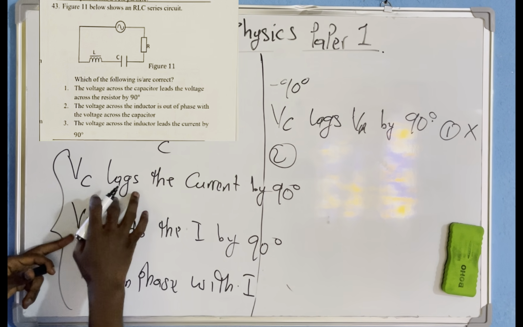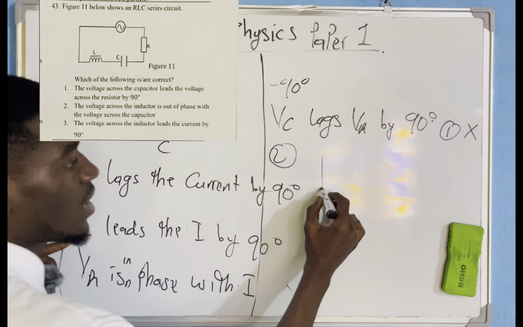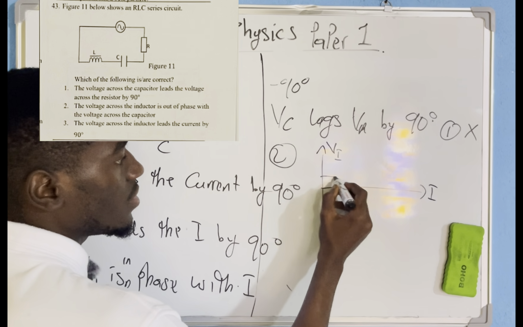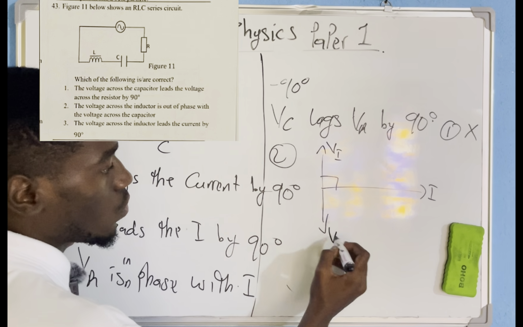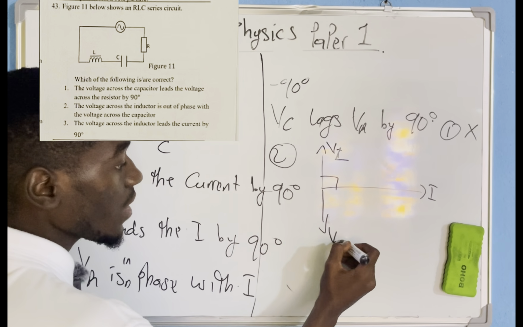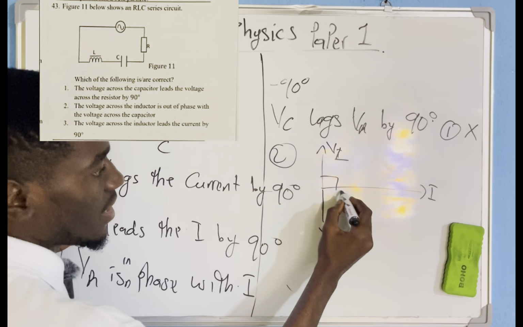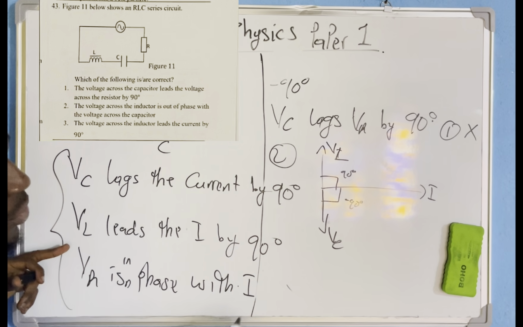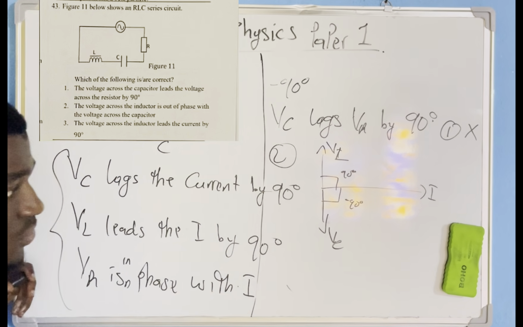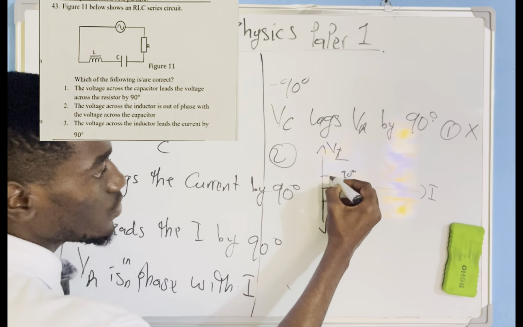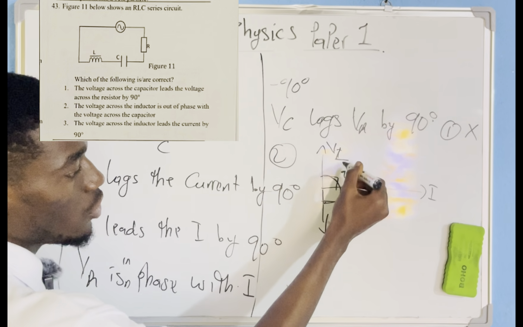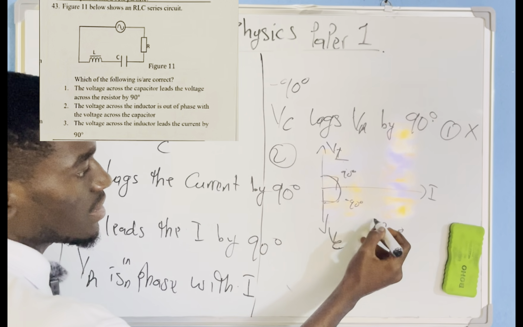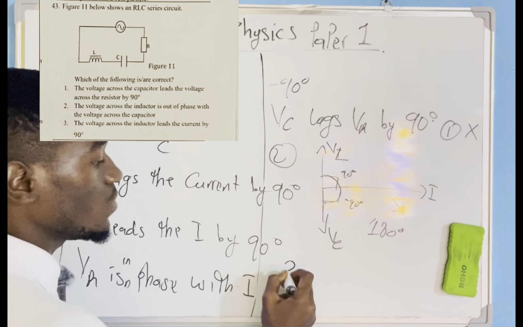If this is the voltage across the inductor and this is the current, and this is the voltage across the capacitor, that is negative 90 degrees. Are you seeing that they are not in phase? The phase difference between the inductor and the capacitor is 180 degrees, 90 minus negative 90. Therefore, they are not in phase, making statement 2 wrong.